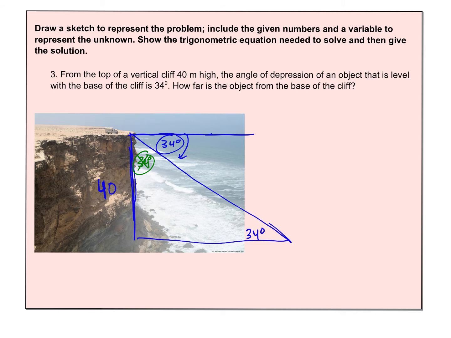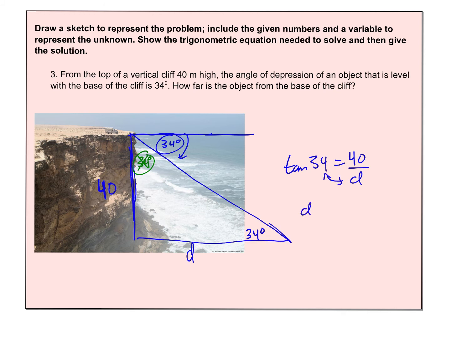Okay, so now it becomes much, much easier to pick. Now I want tangent because it needs to know how far this distance is. So now I'm going to go tangent of 34 equals 40 over d.